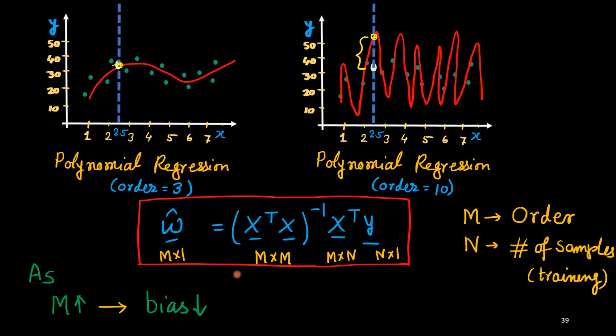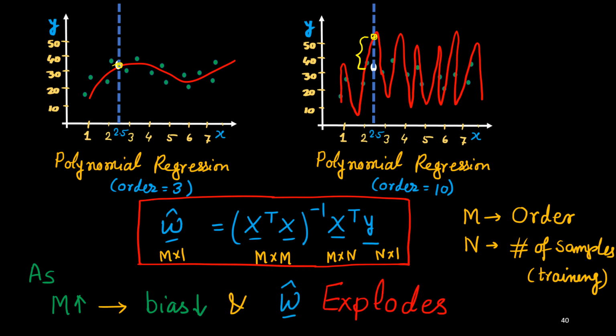Now my claim is that if you increase the order of this polynomial, meaning m is increasing, then it can fit all data points well, implying that bias will reduce. Whenever m is increasing, bias is reducing. That is obvious.